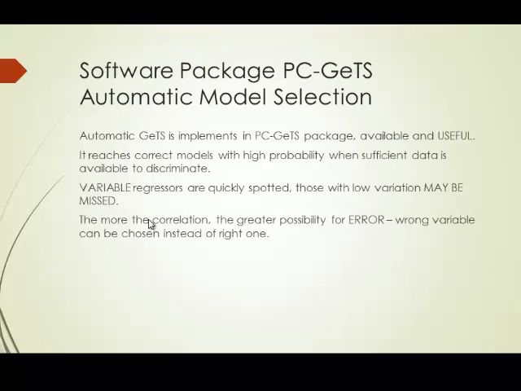So PcGets does automatic model selection, and it reaches the correct model with high probability when there is sufficient data to enable you to discriminate. If there is a lot of data and there is lots of variation in the data, then it will pick it out. Basically the crucial question now is how much can we trust this automatic model selection procedure when we don't put in knowledge of the real world.